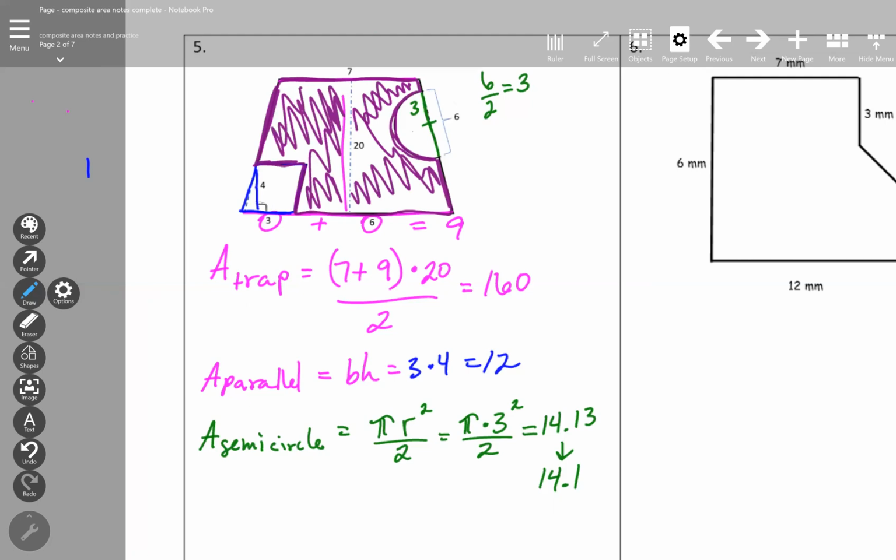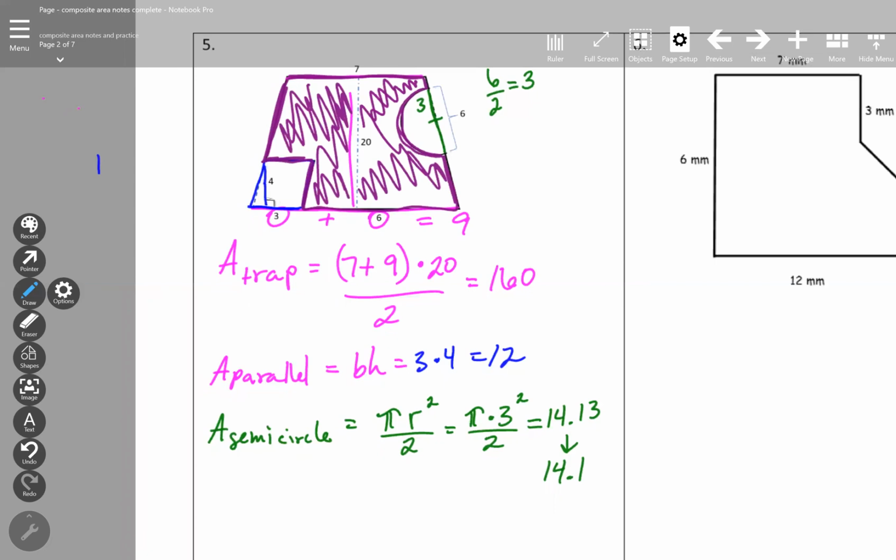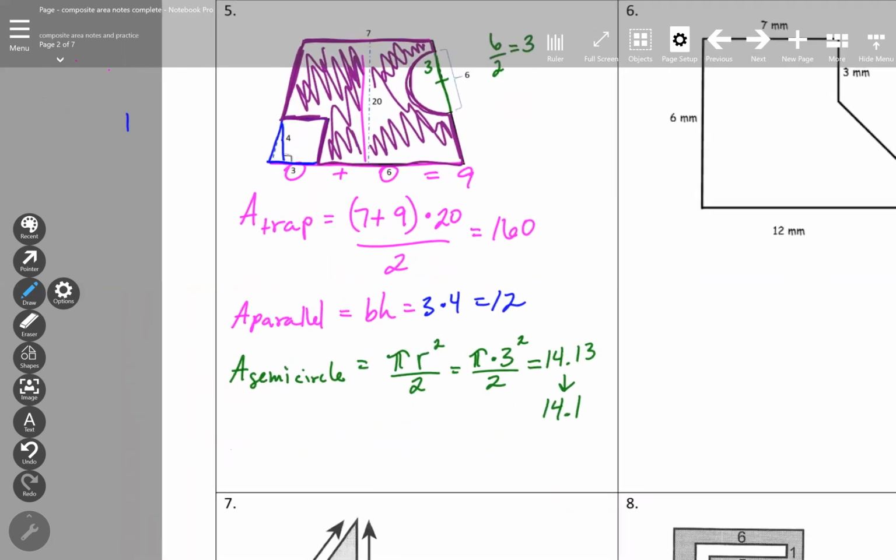So we're going to take the area of the trapezoid, and we're going to subtract out the parallelogram, and we're going to subtract out the semicircle. So area is going to be 160, because that's the trapezoid, minus 12 for the parallelogram, and minus 14.1 for the semicircle. So 160 minus 12 minus 14.1. And so we get 133.9, and it's whatever units squared.